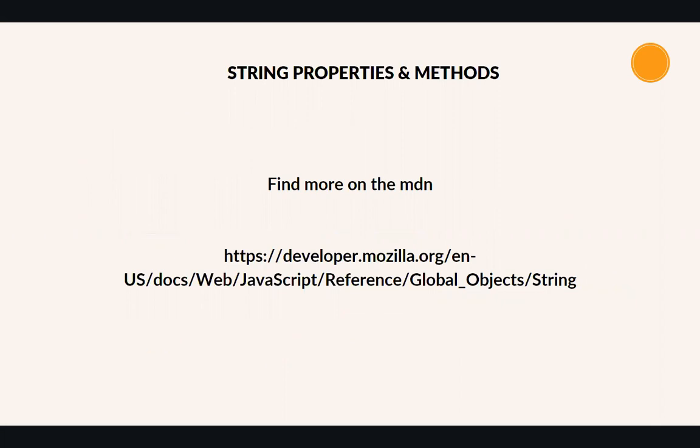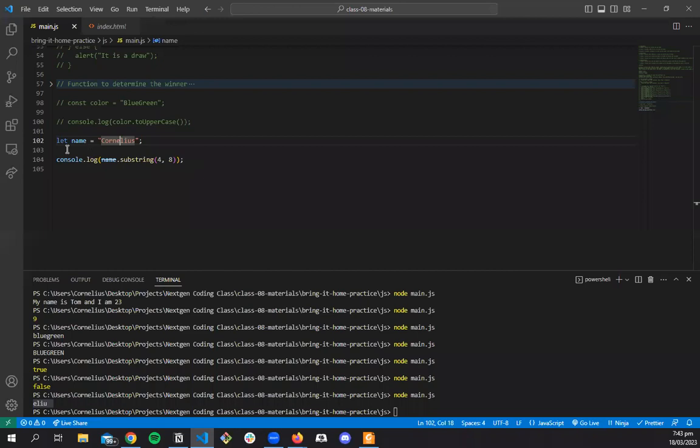We can make them uppercase. We can slice them if we wanted to check things. For example, a simple way you can do a search: if you wanted a user to be able to search, you can filter things based on whether they include something. If a user is searching and I want to pop up all the things that include a particular thing, I could do that.